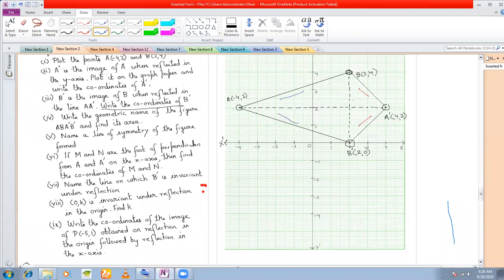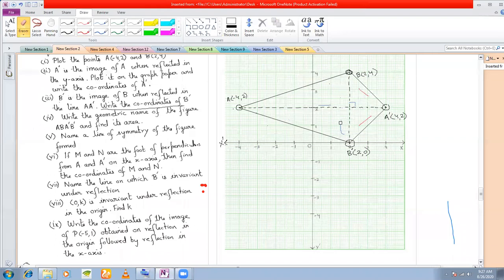Also, the diagonals intersect at right angles. Also, the longer diagonal actually bisects this diagonal. So thus you can say that this figure is a kite or a diamond. Kite is also called a diamond.